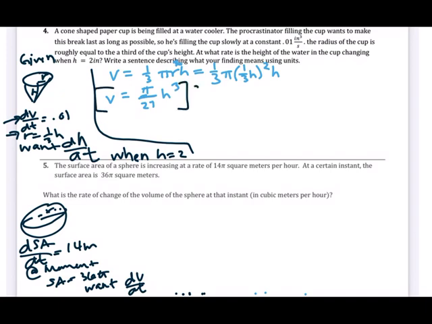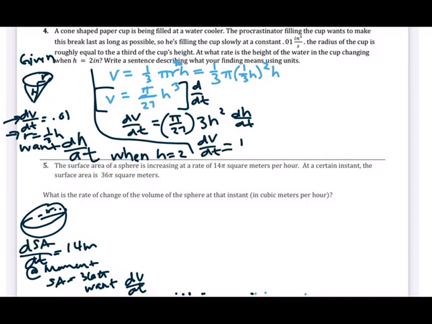Now that I've plugged in everything that's always true, I'm going to take the derivative with respect to time. So dV/dt is going to equal pi over 27 is just a scalar, so 3h squared times dh/dt. And this can simplify a little bit, so dV/dt equals pi over 9 times h squared dh/dt.